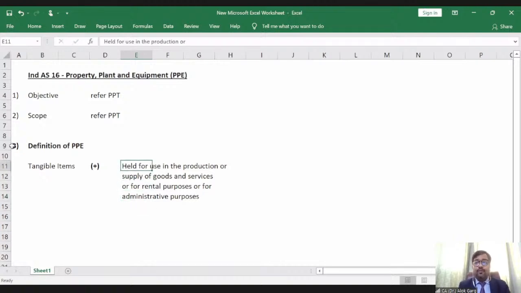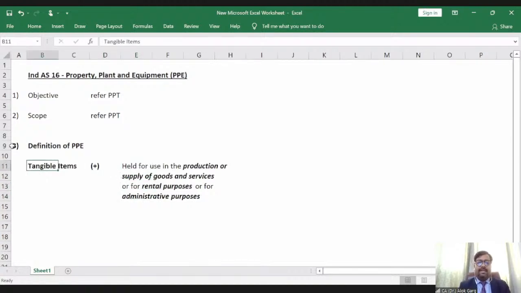So held for use in the production or supply of goods and services, or for rental purposes, or for administrative purposes.